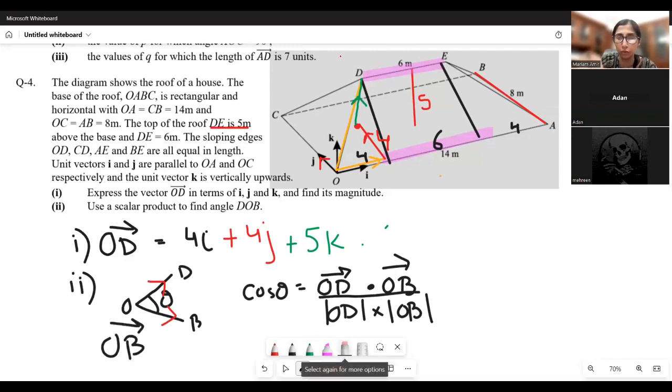So to go from O to B, what do we have to do? We have to go from O to B. So what we can do, we can move full 14 units.